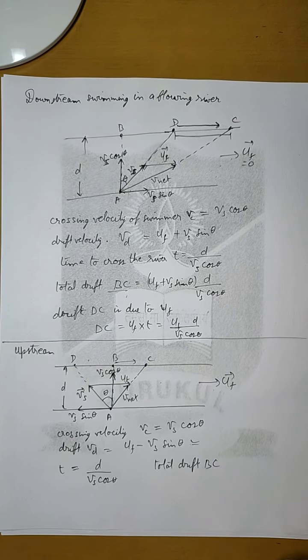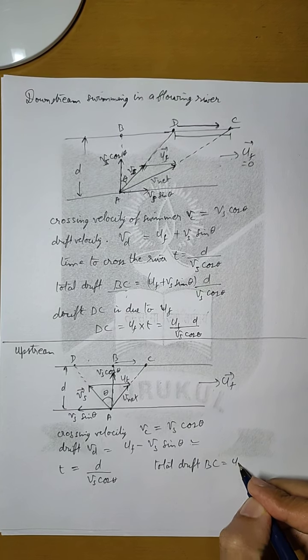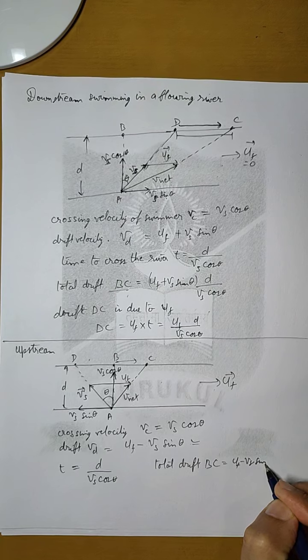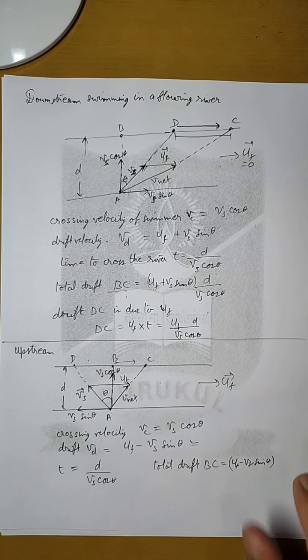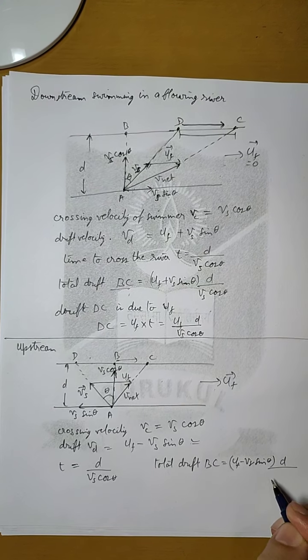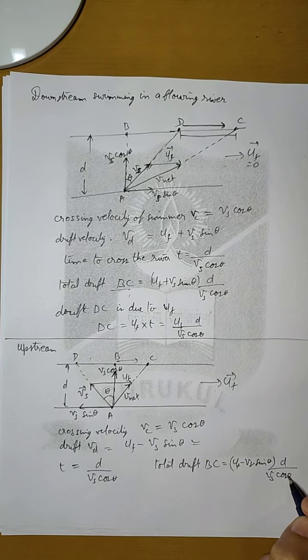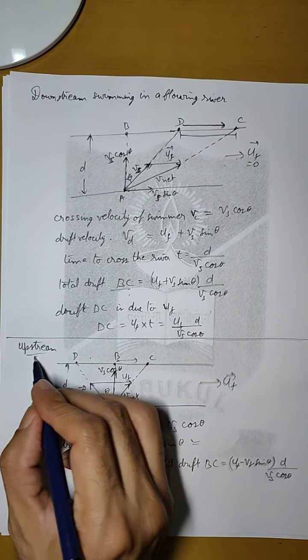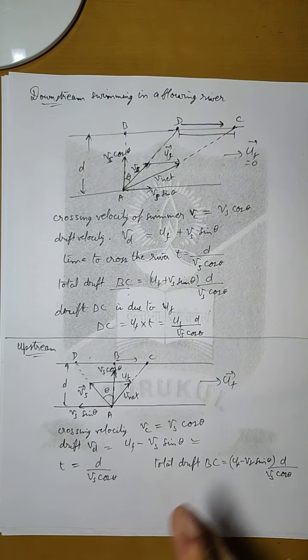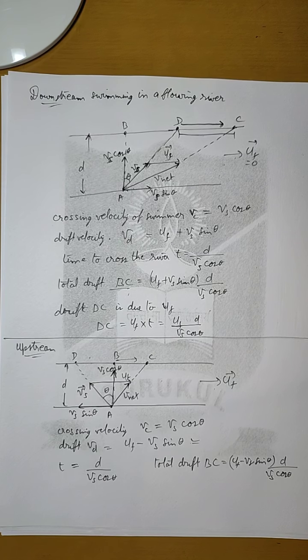This is UF minus Vs sine theta, so it will be UF minus Vs sine theta multiplied by time, which is D upon Vs cos theta. So this is the upstream motion and this was the downstream motion. Now you can compare the two motions and understand this video very carefully, because there will be a lot of questions that we are going to do, and once you understand this, it will be clear and you will become habitual.